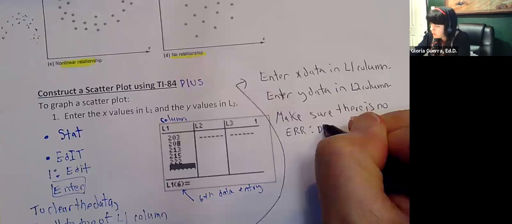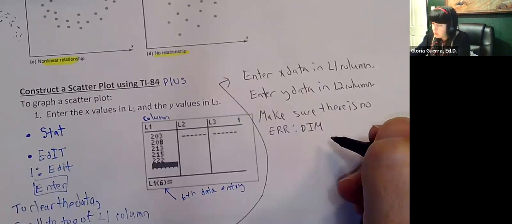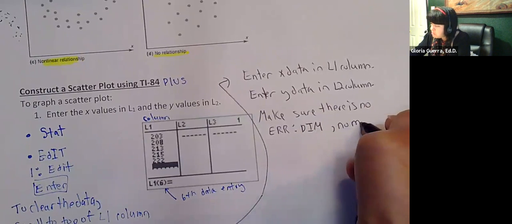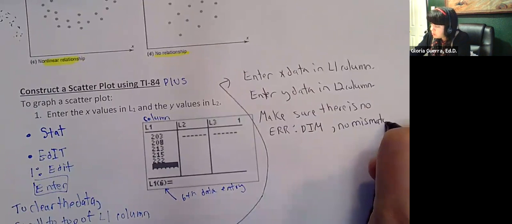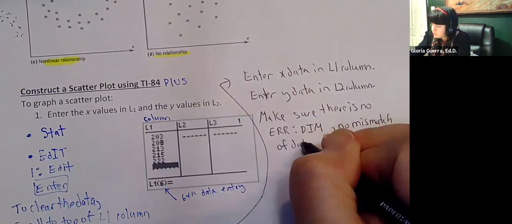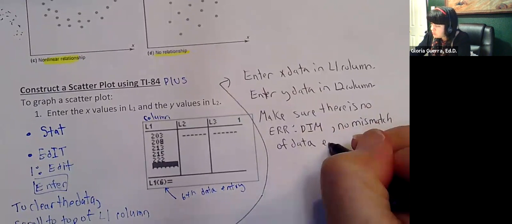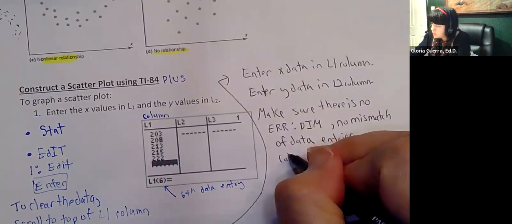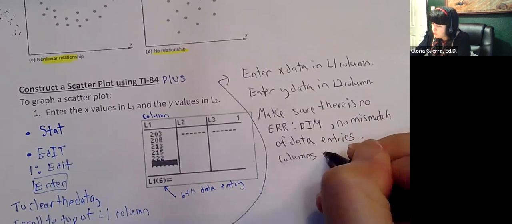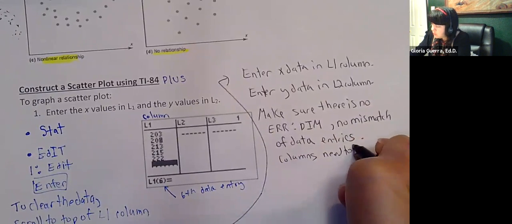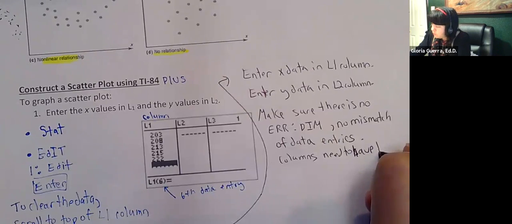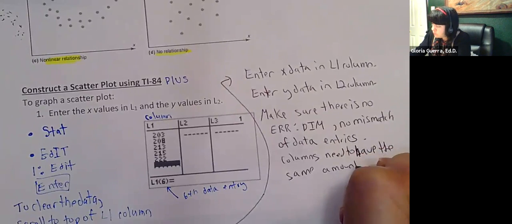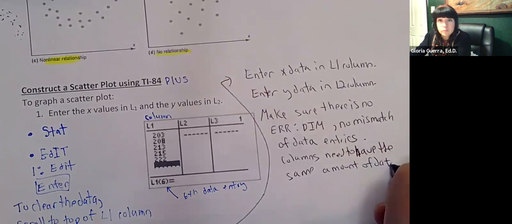That stands for like error dimension. Make sure there is no error dimension, no mismatch of data entries. Okay, so columns need to have the same amount of data.